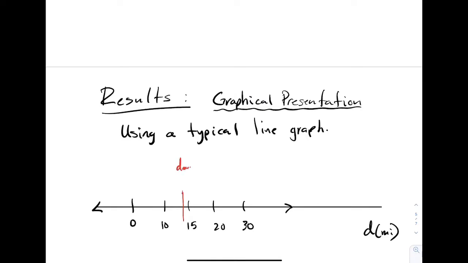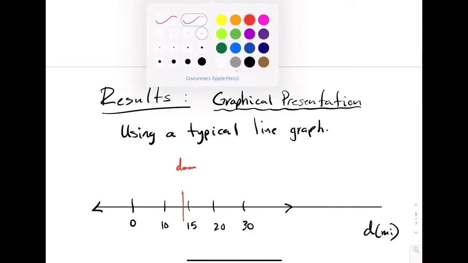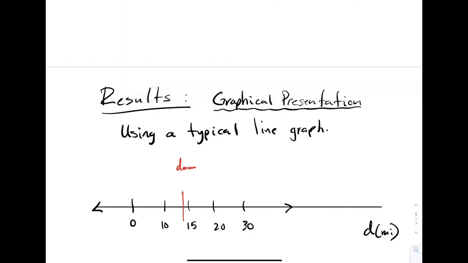D mean. And then to the left of D mean, I'm going to do D mean minus the standard deviation in D, and that's going to end up giving us 0.9 miles. We'll show that about here.